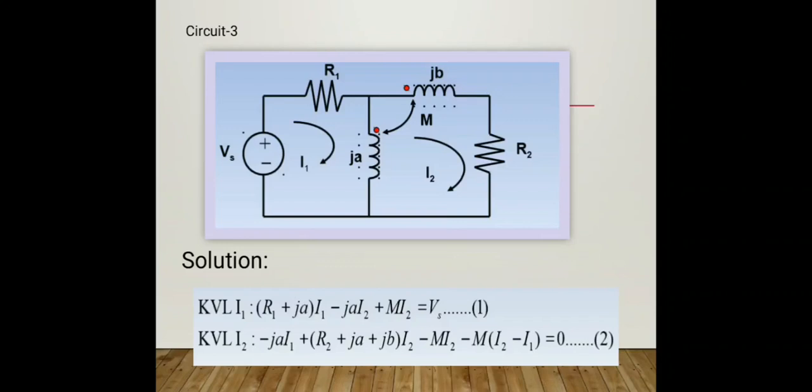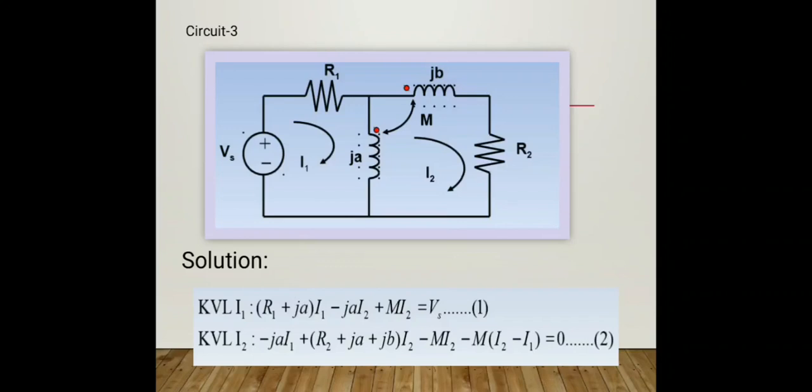Then the mutual inductance created in LA is due to LB and the I2 current. Seeing the net current passing through LA is I2 minus I1, it is leaving from the dot and I2 is entering the dot in LB, so it should be negative.